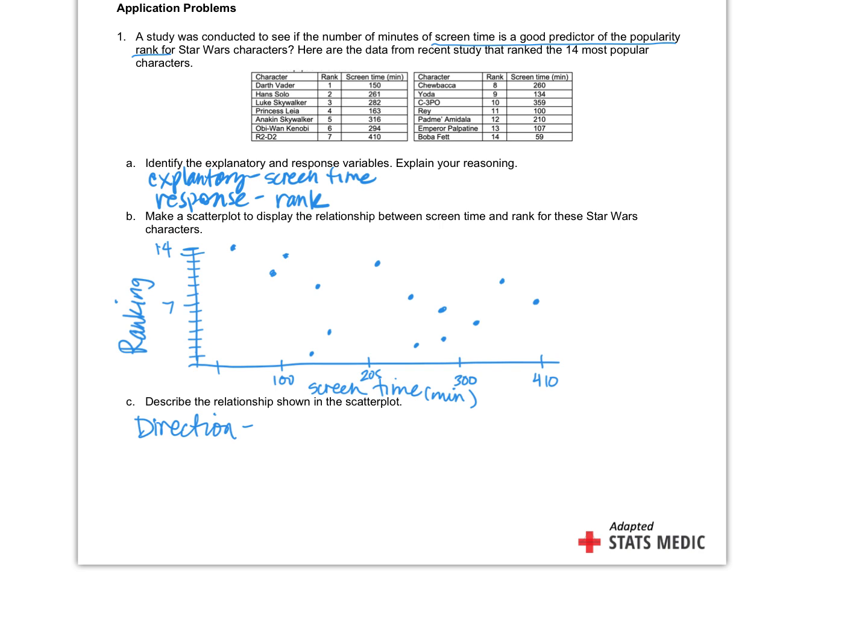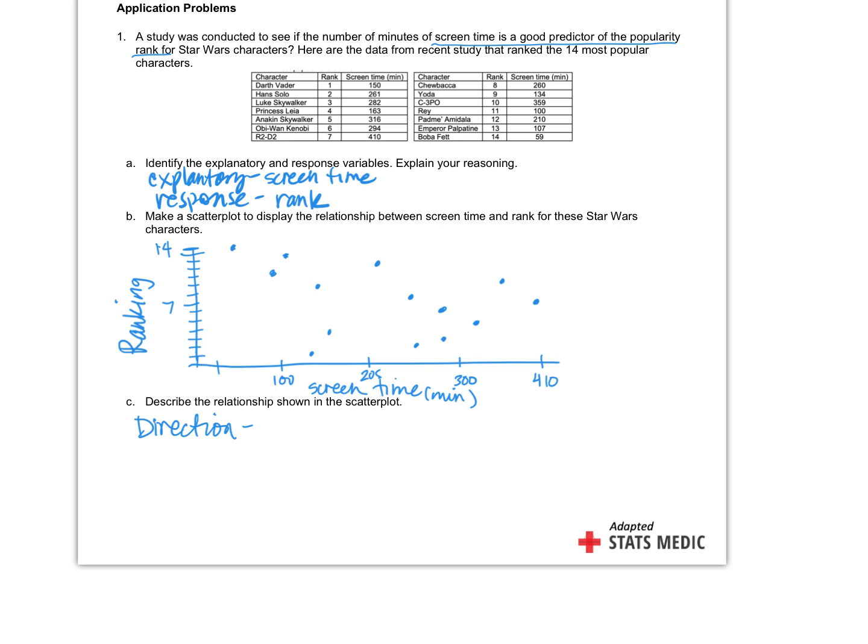More screen time, the higher the rank, meaning the lower the number? It's kind of hard to see. C-3PO is almost 350, we're going to round down, but he's at rank 10. C-3PO is definitely higher.